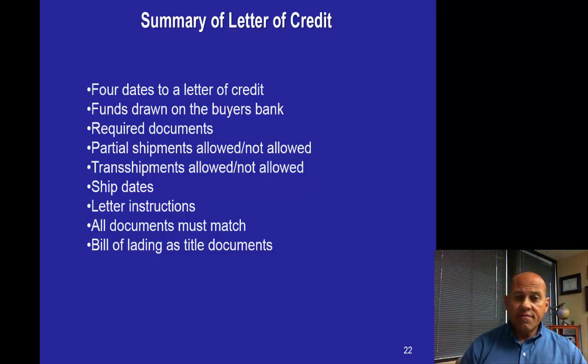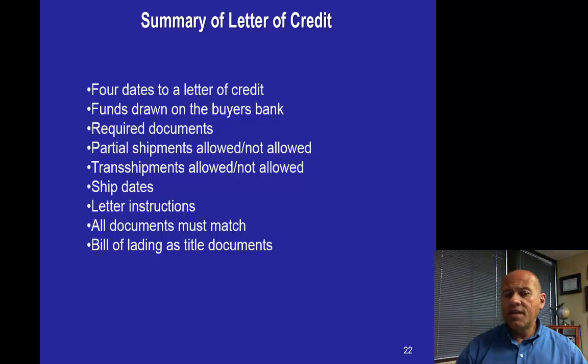Now, it's very important to understand that the banks will hold the documents for air freight, ocean freight, and truck bills of lading under a letter of credit. But the one thing you always want to be conscious of is that only an ocean bill of lading, a true ocean bill of lading, is a title document. In other words, that document can be held, and if it isn't released, the buyer cannot get the goods.